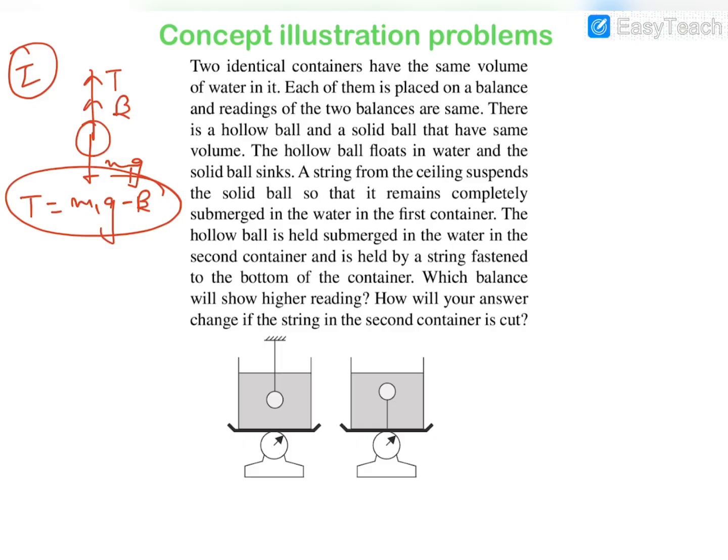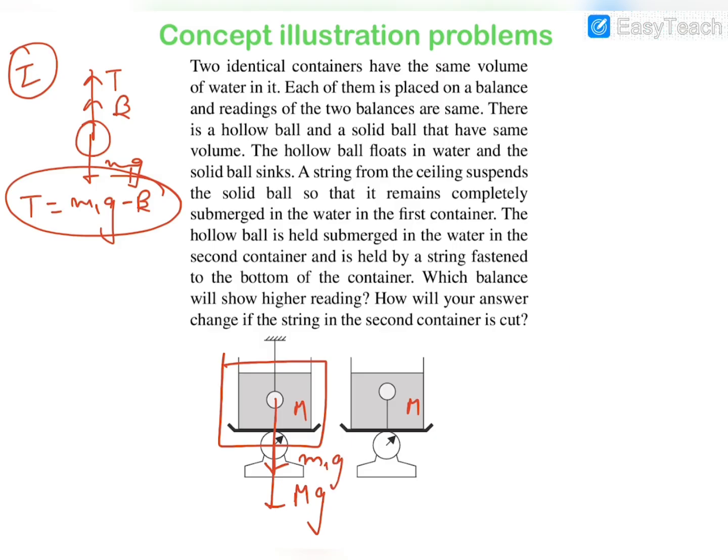And this complete system will have mg. Let us suppose that the mass of liquid in both the containers is capital M. So this complete system will be acted upon by the external force Mg, as well as the m1g of the ball.